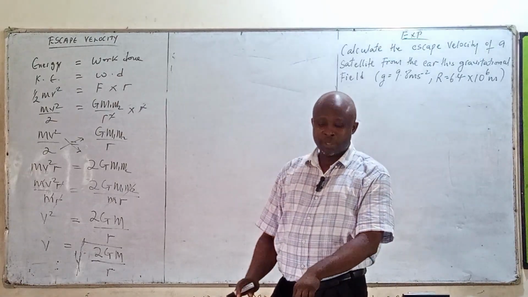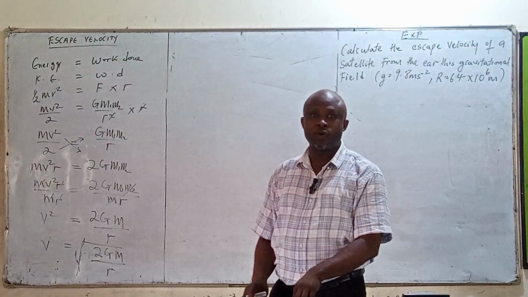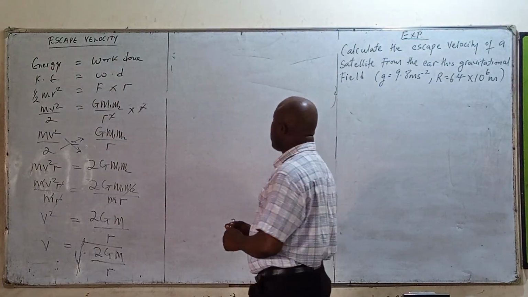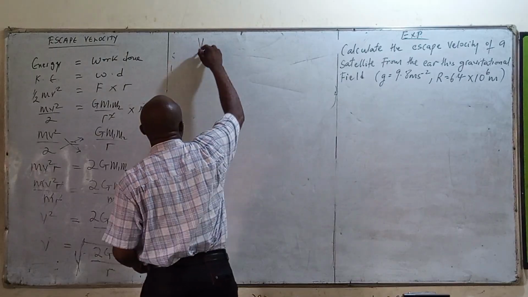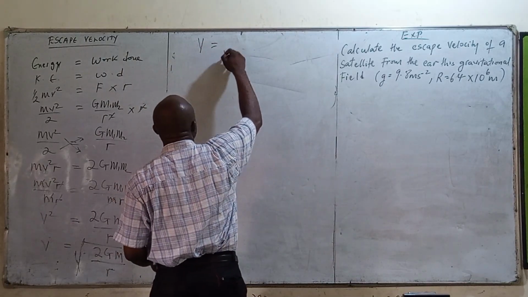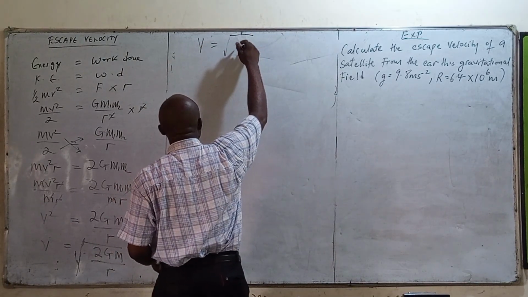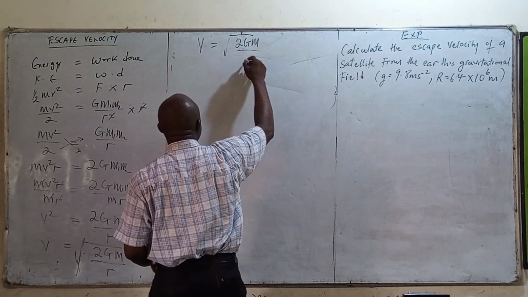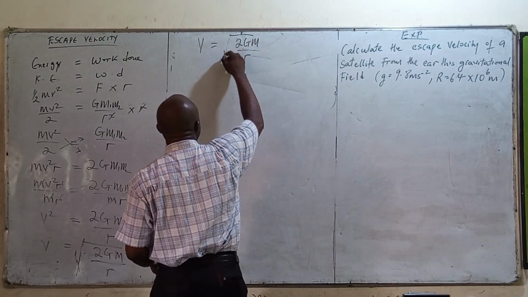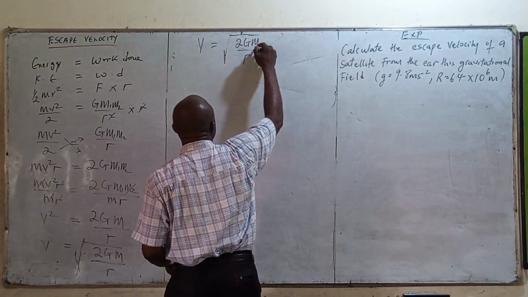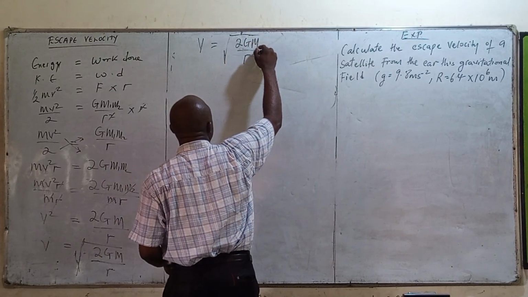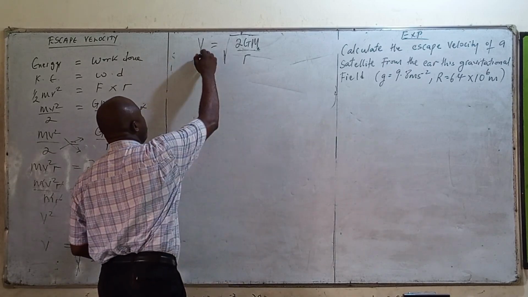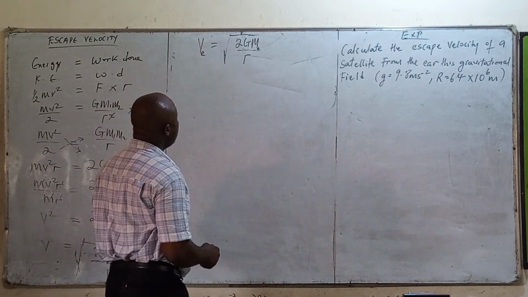So with that, we can derive an alternative expression for escape velocity. Let's do that again. So our final value is v is equal to the square root of 2GM over r. Here, recall, since the body is escaping the earth, we can write subscript E for the mass, and for the velocity, we can say v subscript E, escape velocity.